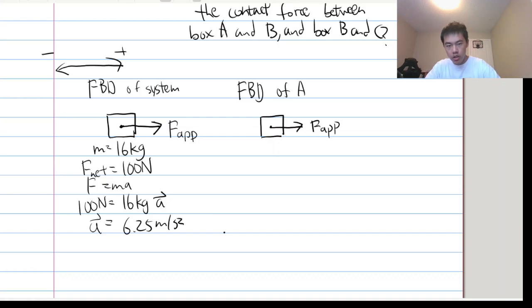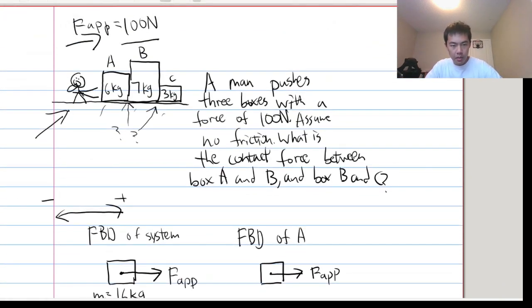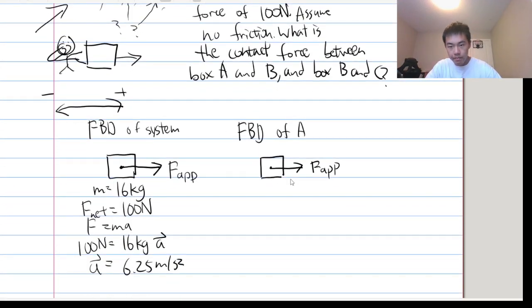Let me magnify the person right here. He is pushing with his arms. He's pushing box A, so the force is going to the right.